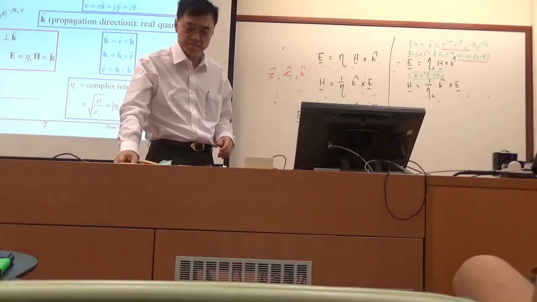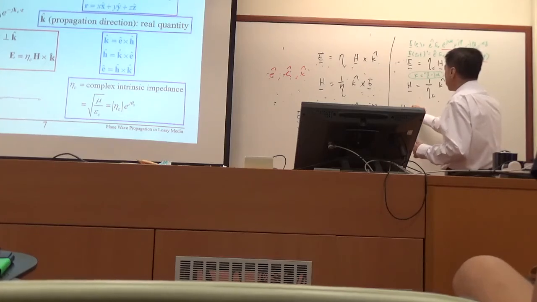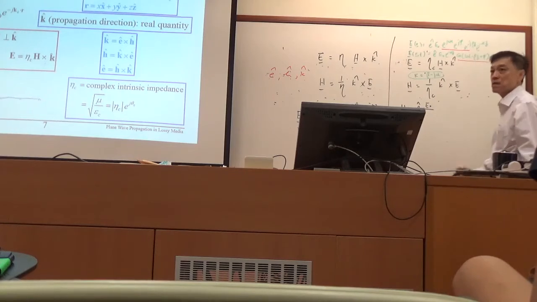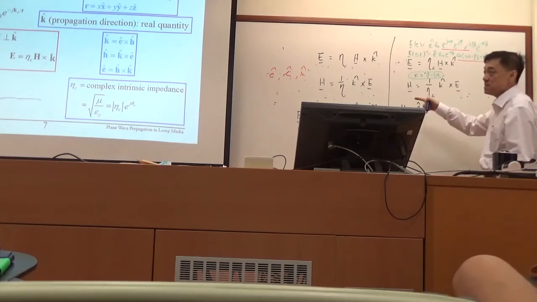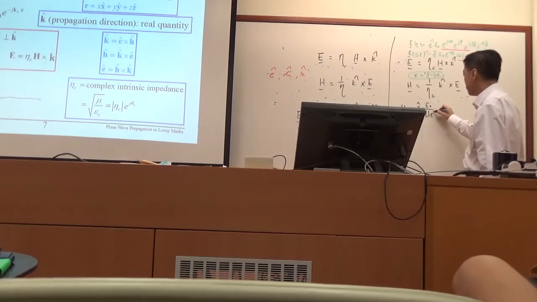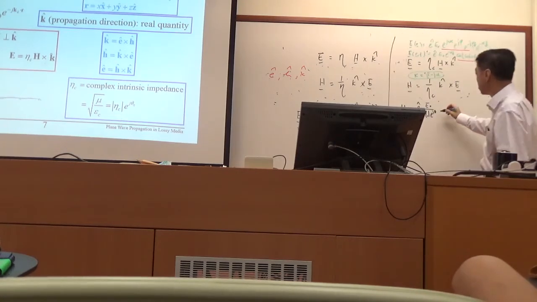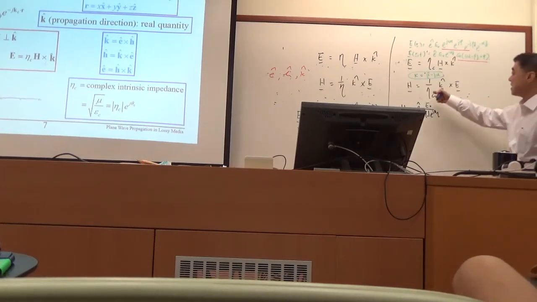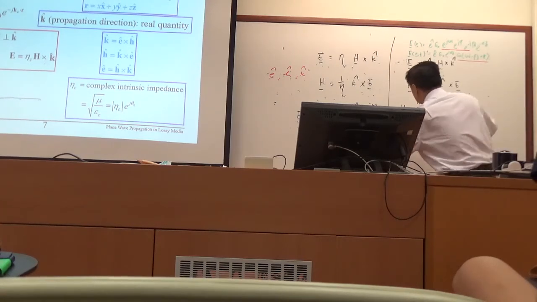Now, what happens to H then? So H is equal to H, my E naught divided by zeta c. Zeta c has a magnitude zeta and e^(j theta). Correct or not? Because now this is divided by zeta c, you have to put it in here.